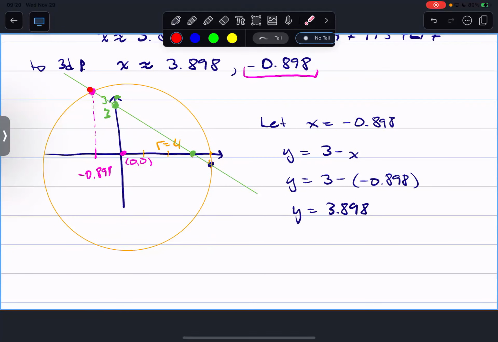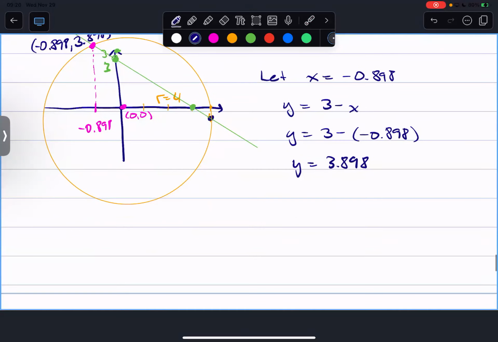On here, looks good, right? We're expecting it to be larger than 3, right? And it can't be 4 because that's the highest point of my circle and I'm already on the downward slope. So I'm expecting my value to be between 3 and 4, right? And so here, this point is at negative 0.898 and 3.898.